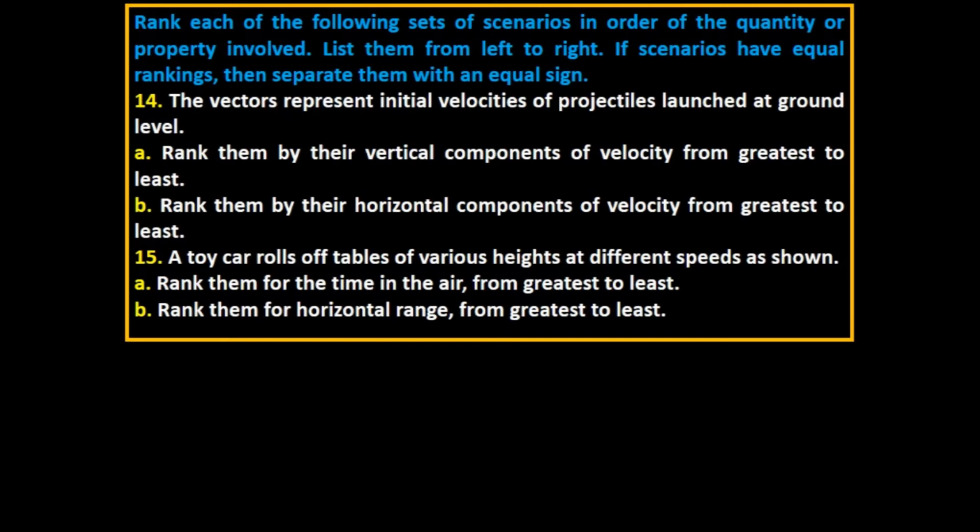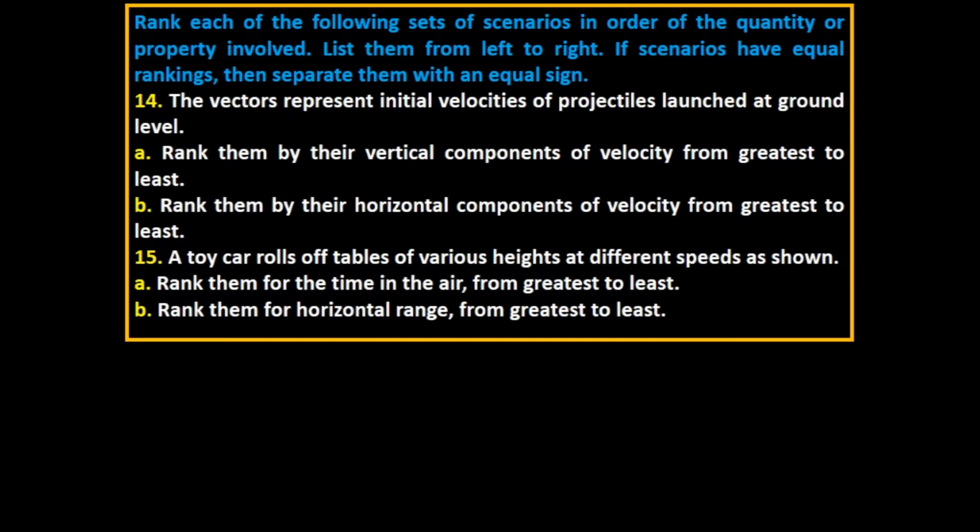Okay, 14 says the vectors represent initial velocities of projectiles launched at ground level. A, rank them by their vertical components of velocity from greatest to least. B, rank them by their horizontal components of velocity from greatest to least.